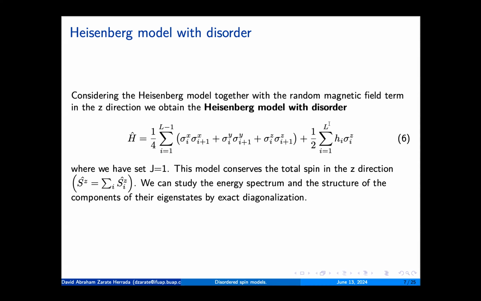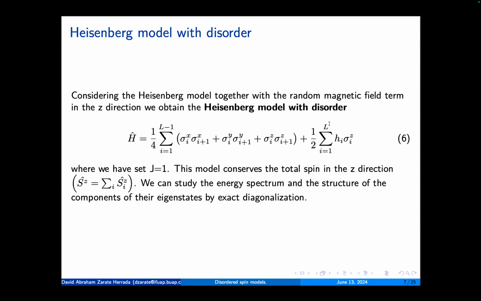Okay, now if we consider a chain of L spin-1/2 particles with a magnetic field in the zeta direction at each position, we have the Heisenberg model with disorder. Here we have fixed J equal to 1, where J is the coupling constant.